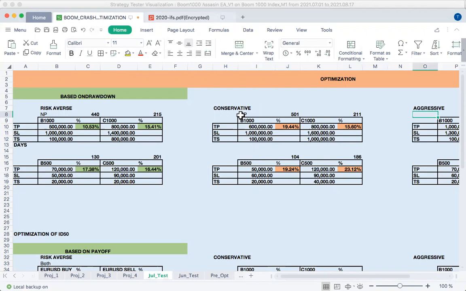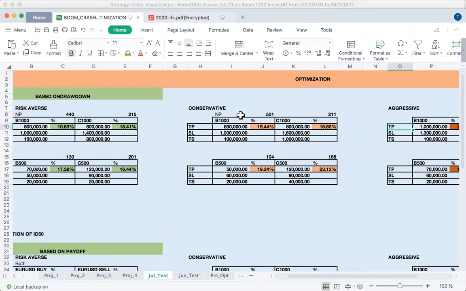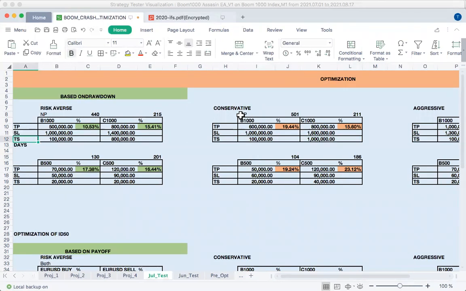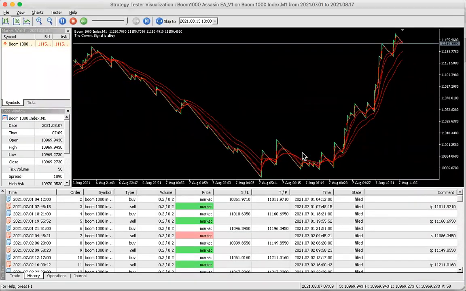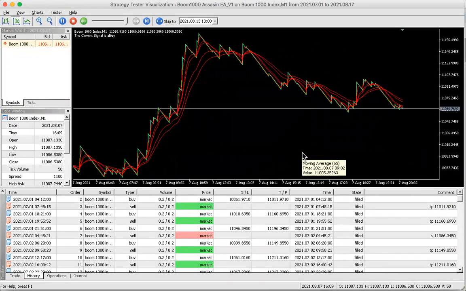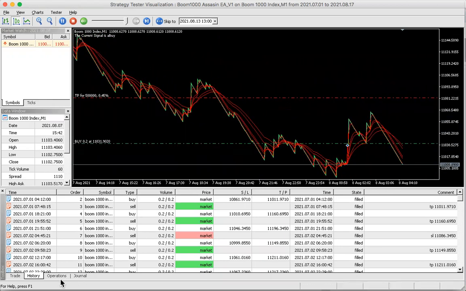Okay. Then for the aggressive side, you probably want a bigger take profit and a bigger stop loss. These are the optimized figures as well. So I've got all the EAs for the different assets.